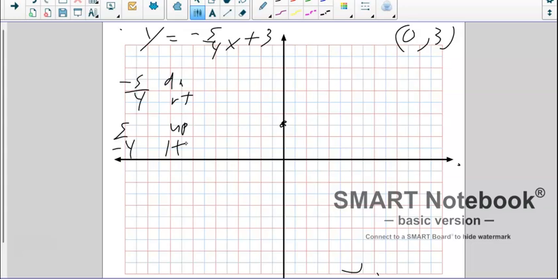So down 5, 1, 2, 3, 4, 5, and right 4, 1, 2, 3, 4. Now I can go up 5, 1, 2, 3, 4, 5, and left 4, 1, 2, 3, 4. Connect my dots. It's clearly going downhill, which makes it negative, and that's a good thing. We have everything we need. Okay?